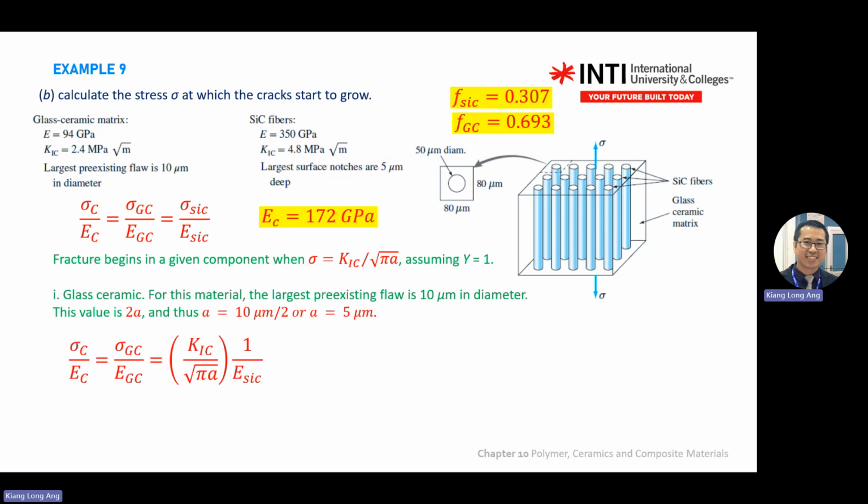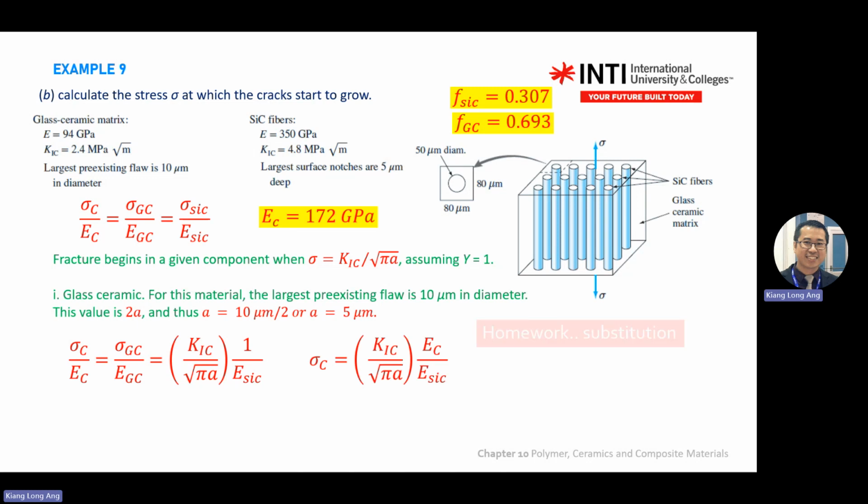This one equals this one, and you know the equation for stress is equal to this one. So you substitute this one over E_C, then you substitute accordingly.